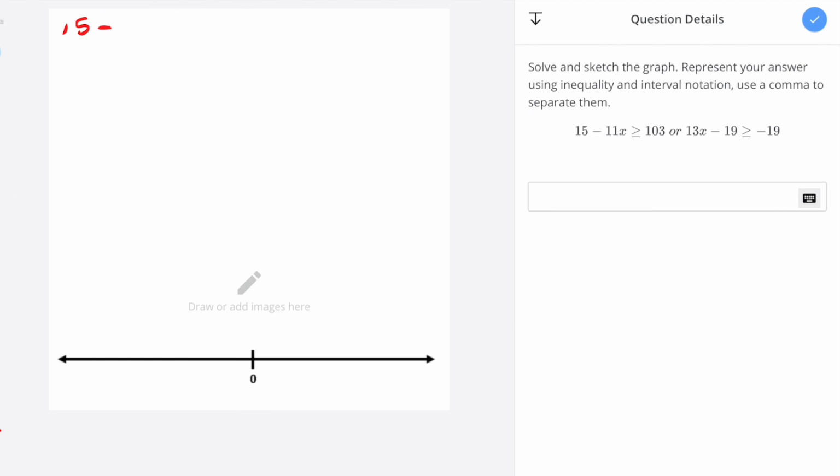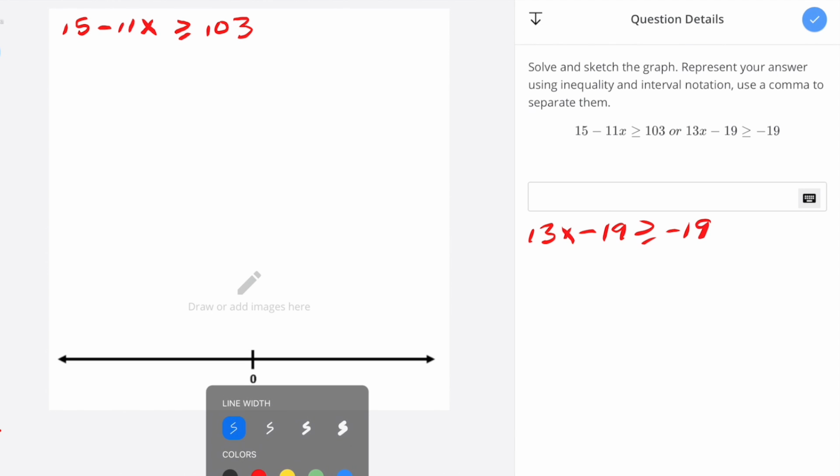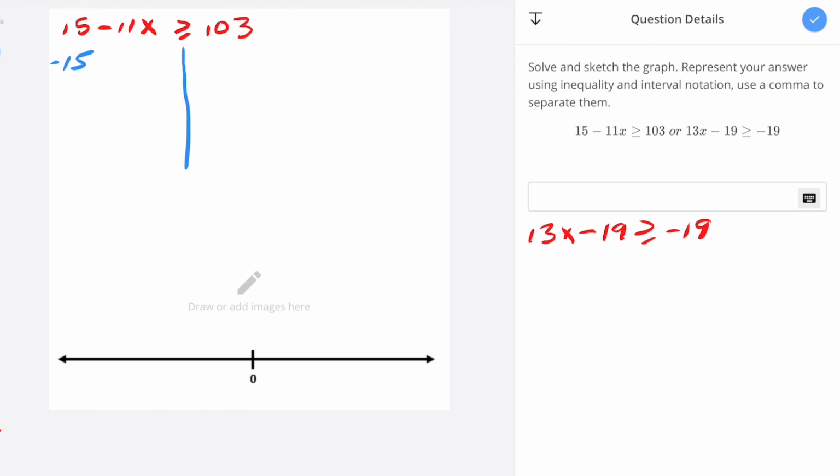So 15 minus 11x is at least 103. Then we have 13x minus 19 is at least negative 19. All right. Then we are going to solve for this. If you don't understand how to solve equations, it is time for you to learn.